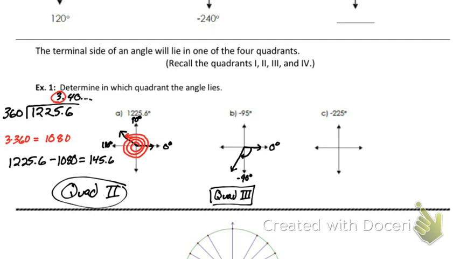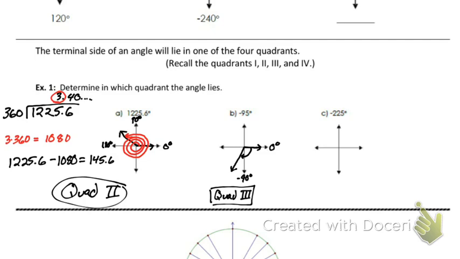What's negative 95 plus 360? You can do it in the calculator. I don't care. I'm not offended. 351? So negative 95 plus 360.